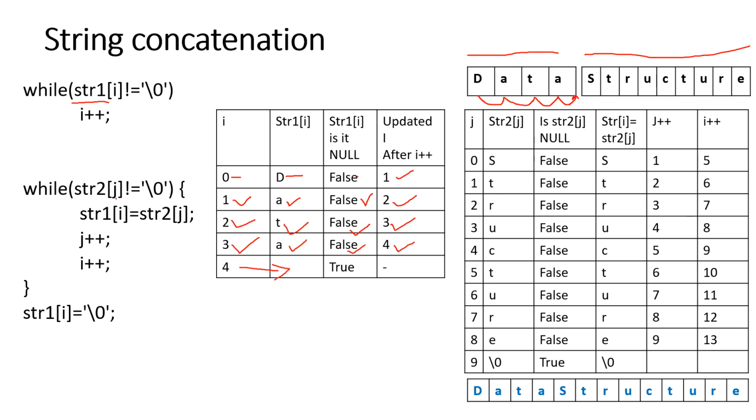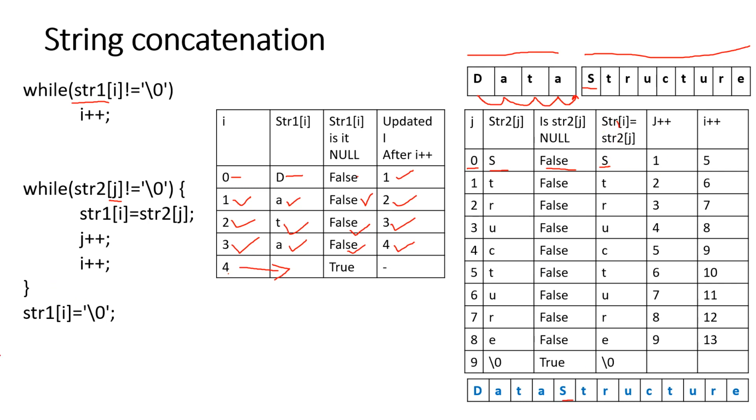Then in the next step, you have to repeat from the first character of the second string till the last character. J value starts from 0 again. J value 0. The first character of the second string, is it null? No. You have to copy it to str1. S is copied to the fourth place, fourth index, of str1.